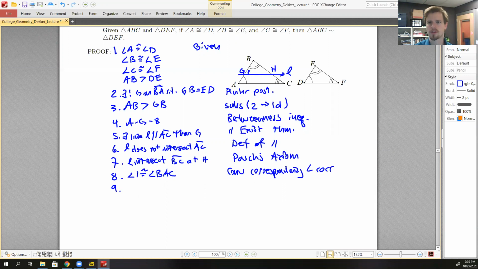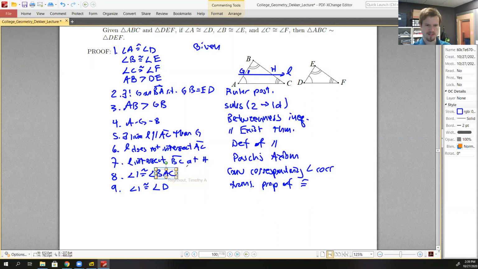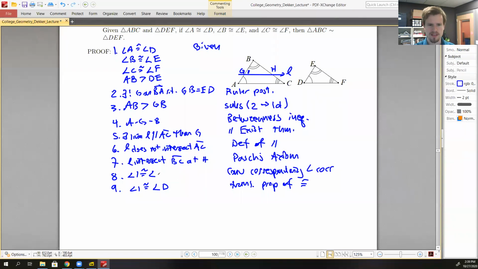So angle 1 is congruent to angle D. I suppose I didn't need to use BAC there. I could have just used A. That's quite all right. Anyway, angle 1 is congruent to angle D, and that's by the transitive property of congruence. So angle BAC there, I didn't need BAC, I just could have called it angle A. That's not ambiguous.